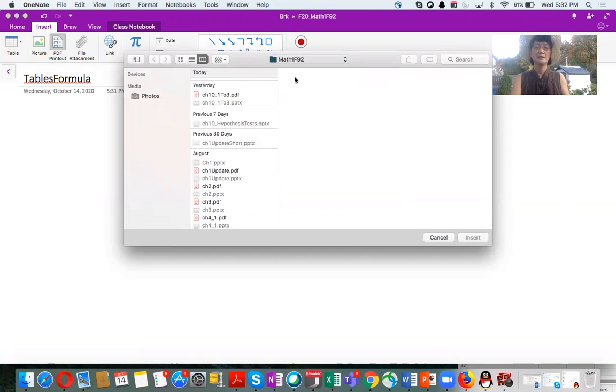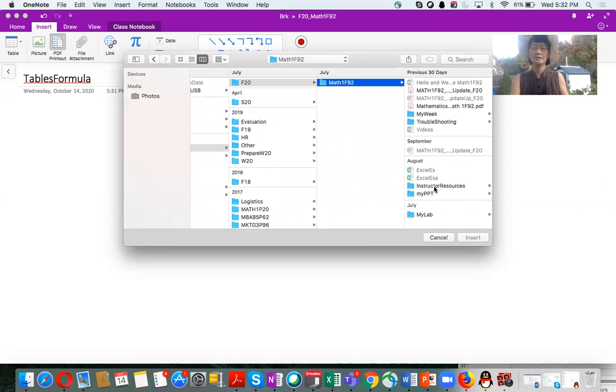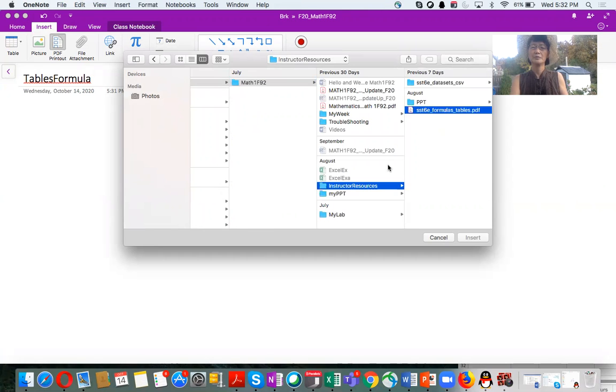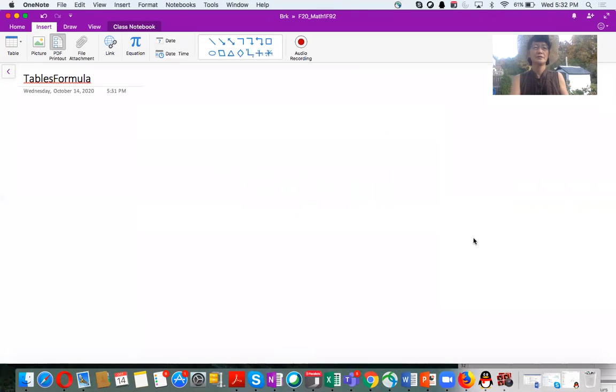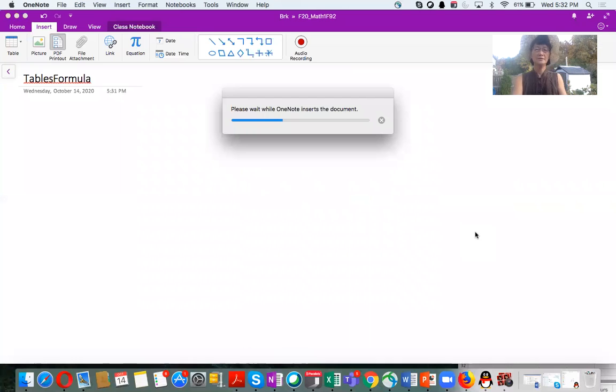It is here, in the resources, formulas, and tables. I posted the tables and formulas on Sakai under the resources folder. You can access the same PDF document, okay?